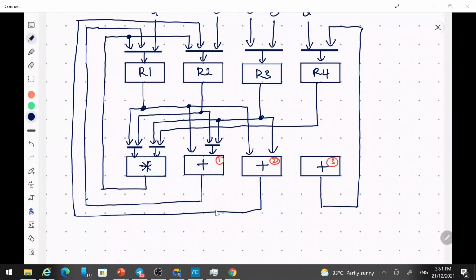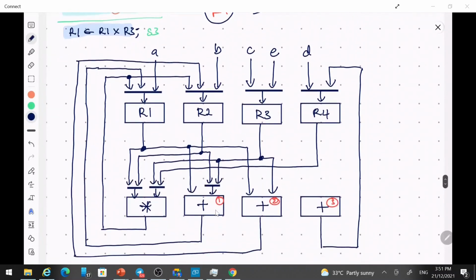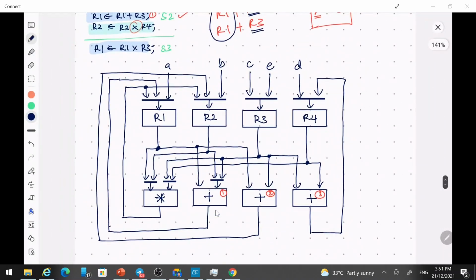Done. What about adder number 3? Adder number 3 is also easy. You have R3 plus R4 only. So you can have R3 plus R4. Done. Right? So this will be your data path you need.